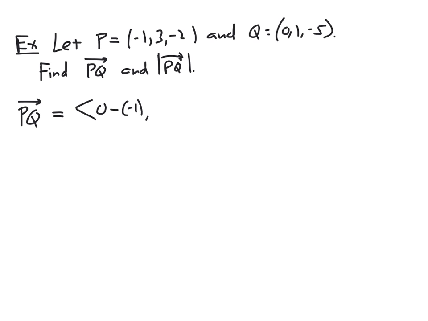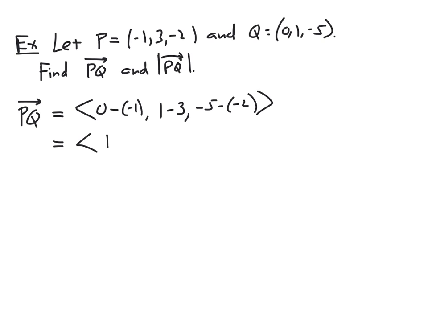Right? Similarly, for the second coordinate, we're going to take the second coordinate of the terminal point, which is 1, and subtract the second coordinate of the initial point, which is 3. Right? And then for the third coordinate, we have the third coordinate of the terminal point minus the third coordinate of the initial point, so -5 minus -2. Right? And now we just perform the one-digit arithmetic.